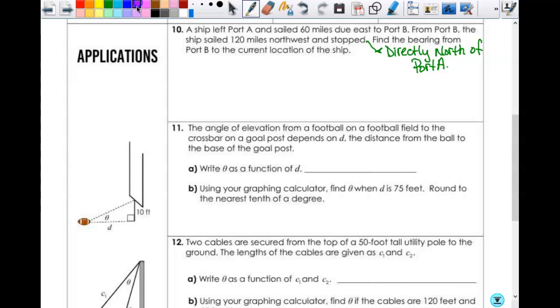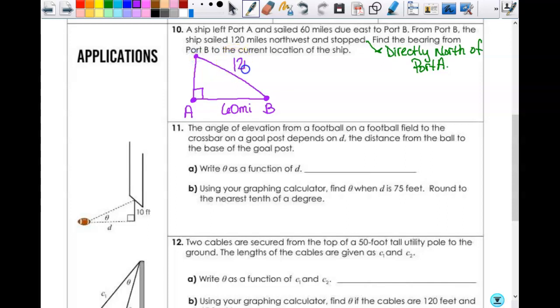All right, so I'm leaving port A. I'm going to sail 60 miles due east to port B. So this is 60 miles. Then the ship sailed 120 miles northwest and stopped directly north of port A. Exactly, and that's why that directly north is important.